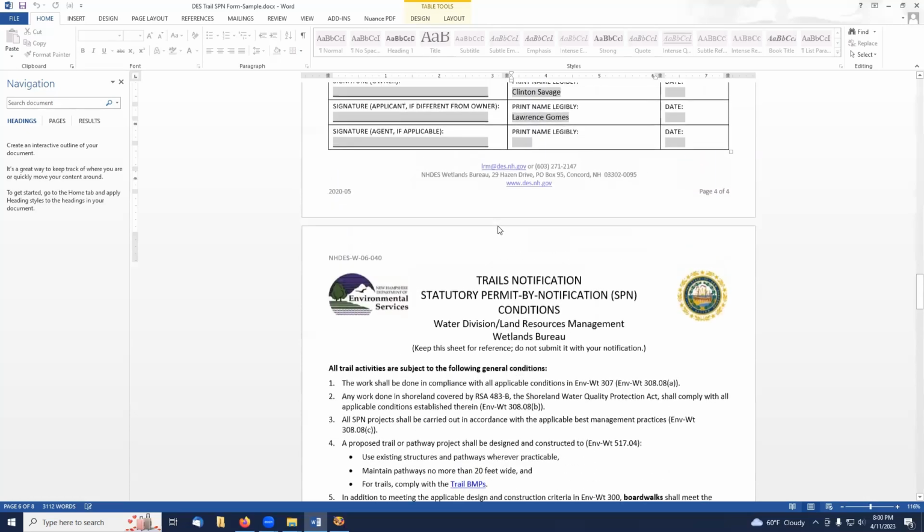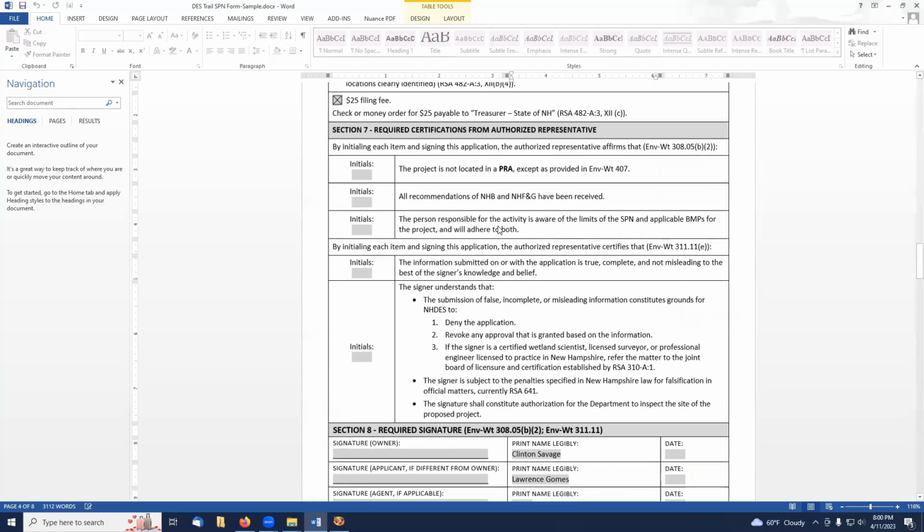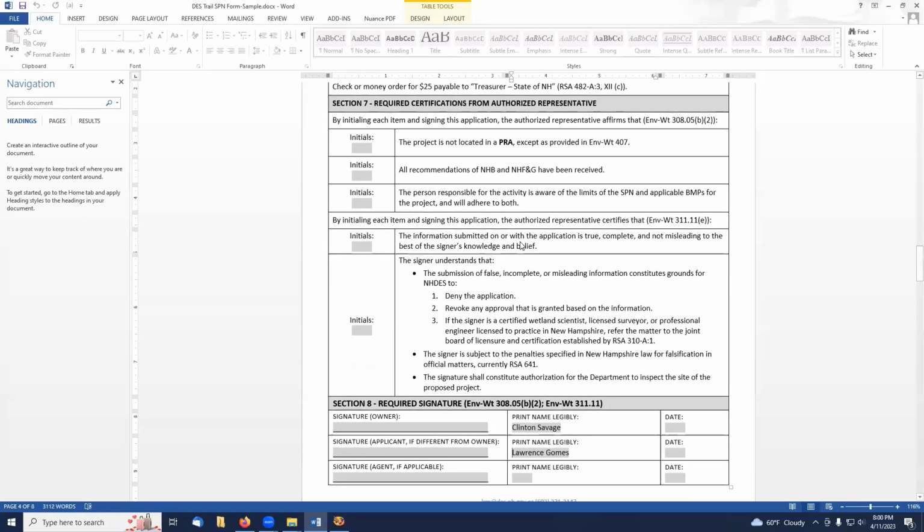So at this point, do we have any questions on the DES form? If the trail is going to cross different property owners' property, do you have to fill out a new form for each property owner?